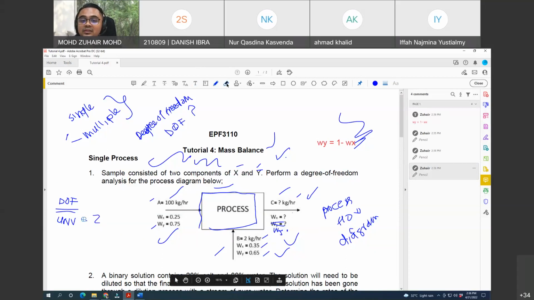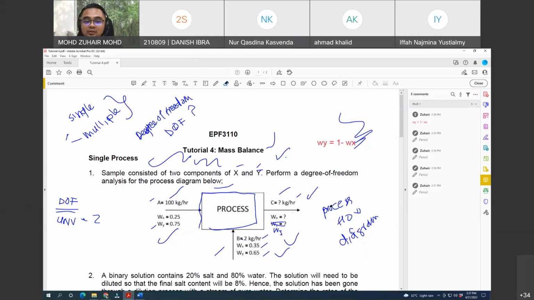But in a case where we don't know this b value, then the unknown variables will be 1, 2, and 3. But like this one, this has already been provided, so the unknown variable is only 2. Please be careful with this and try to understand this.